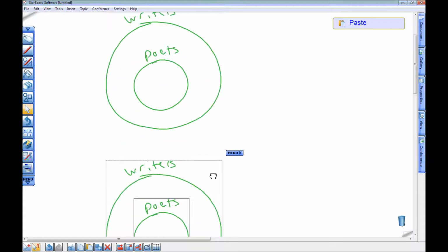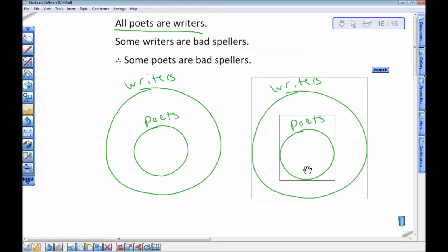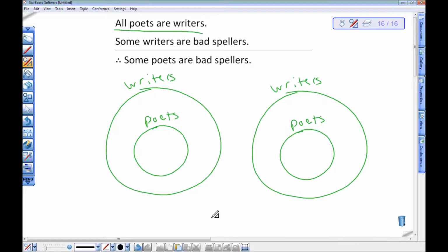Now when I do this on paper, I actually need to just draw it again. But since I have the board here, I can just make a copy. So I've got two different things that can play out here when I draw my next premise.